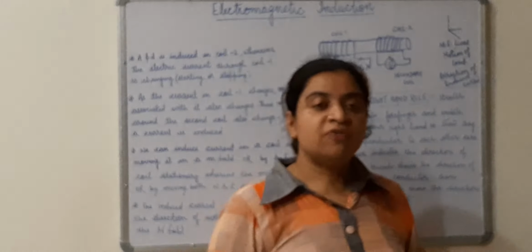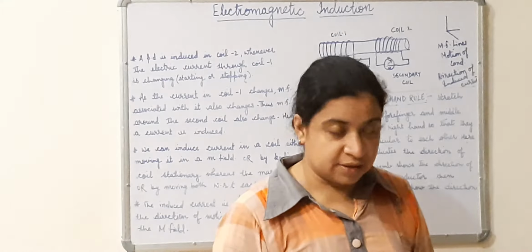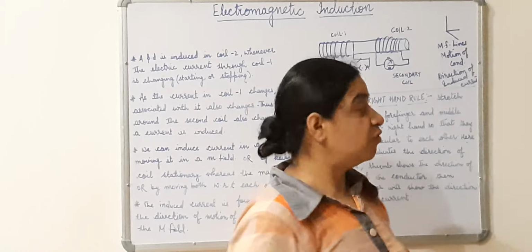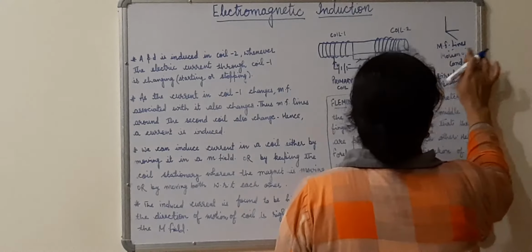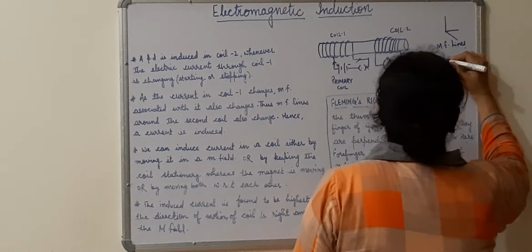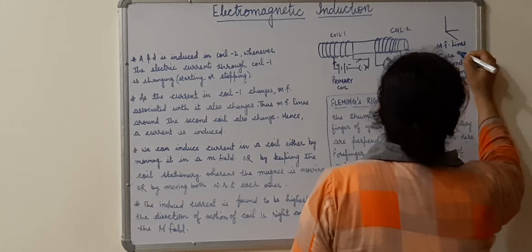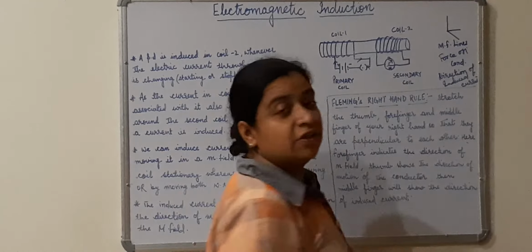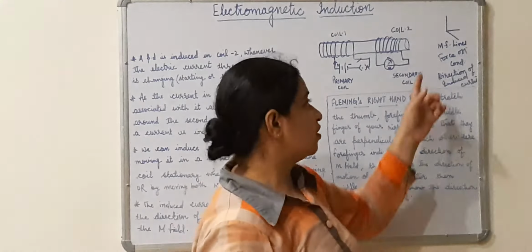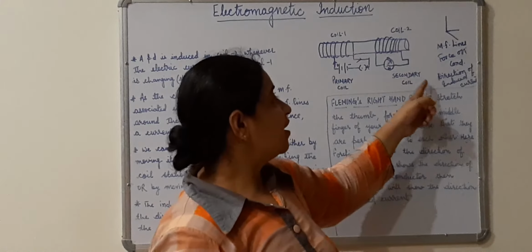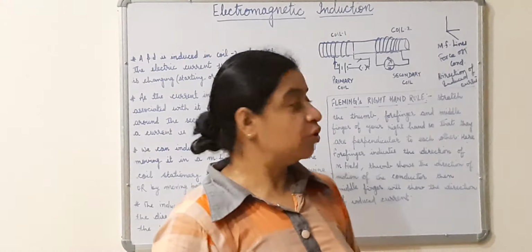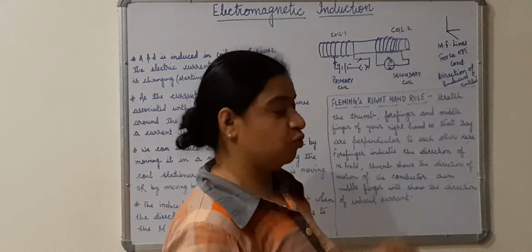Second, the motion of conductor or the force on the conductor. How will you find the force on the conductor? That can be found out with Fleming's left hand rule. Now the third thing left is the direction of induced current. That can be found out with the help of Fleming's right hand rule.